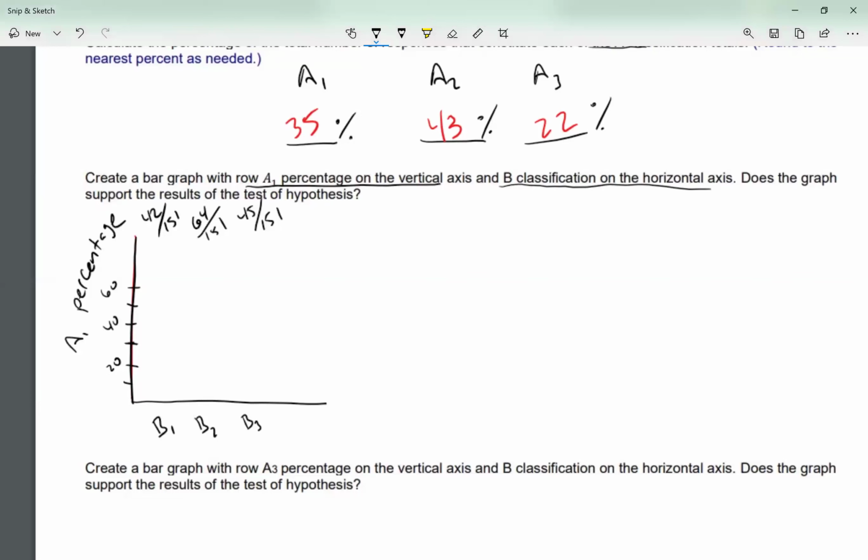So I have to go up to 28% on the first bar. I know on the second bar, I have to go to 42%. And on the third, I have to go to 30%. All right, so the first one, 28%. Let me emphasize that this right here, it is 30. So for 28%, I'm going to do a bar that is just a little bit less than that.